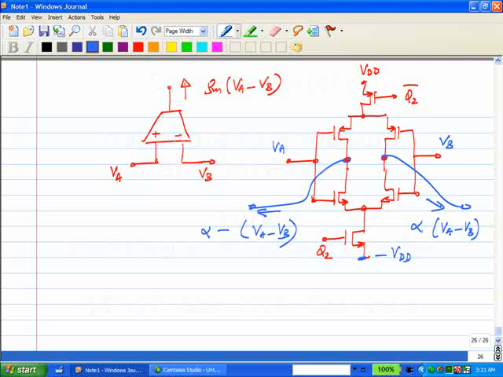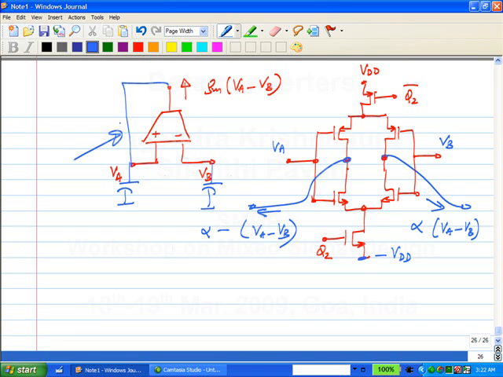Recall we had these two capacitors, plus VA minus VB. The guy pushing the current, which is VA minus VB, must come into, look here. You have two currents, VA minus VB and minus VA minus VB. The one which is proportional to VA minus VB must connect to VA. So what should I do here?